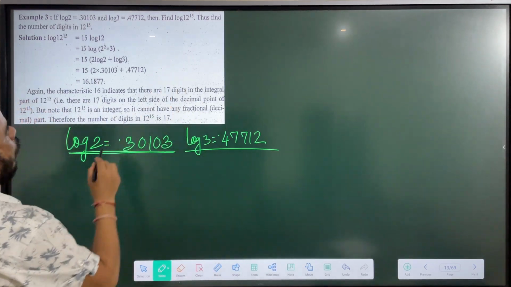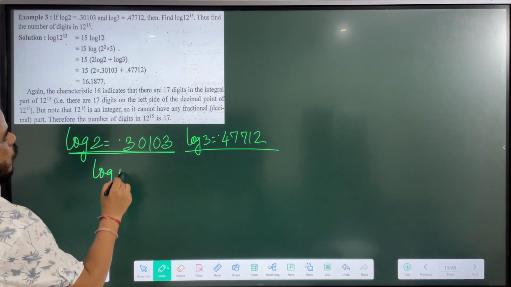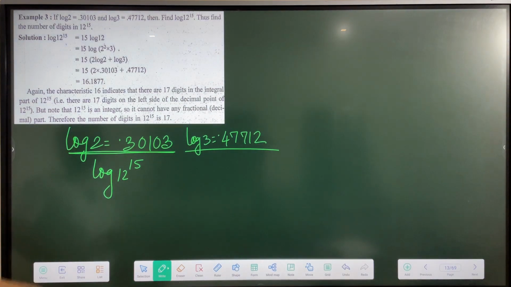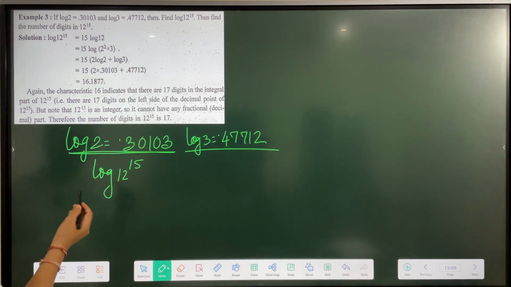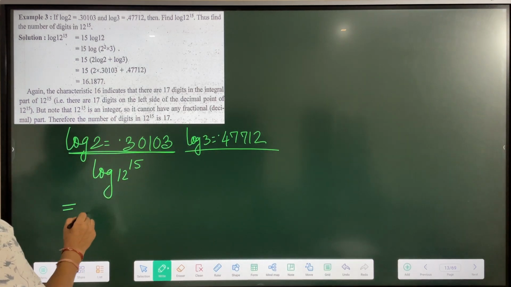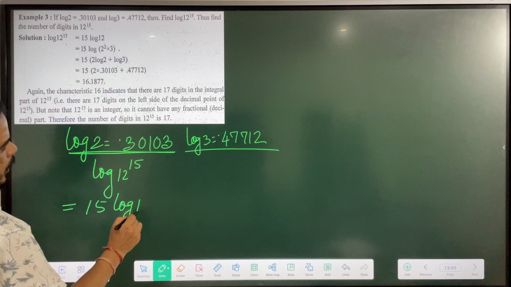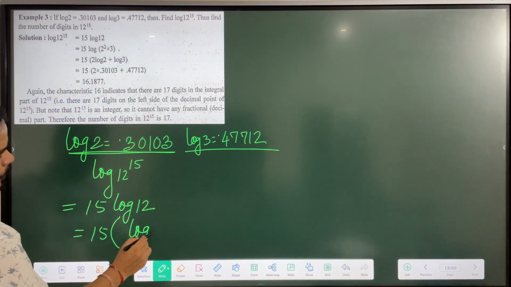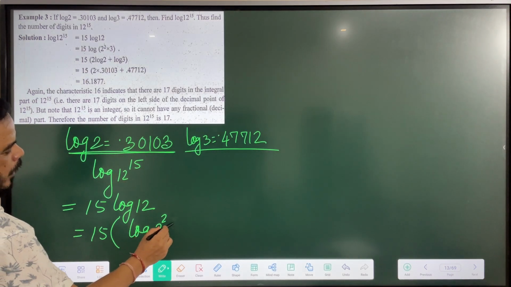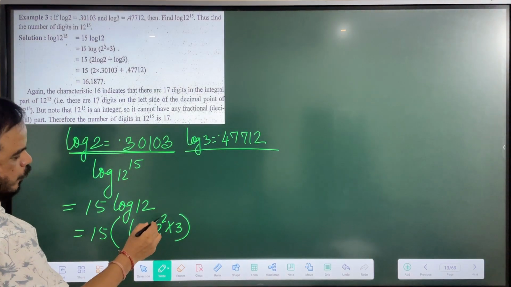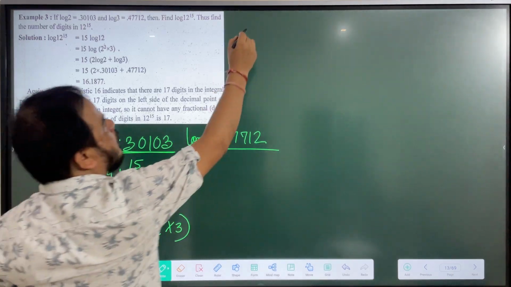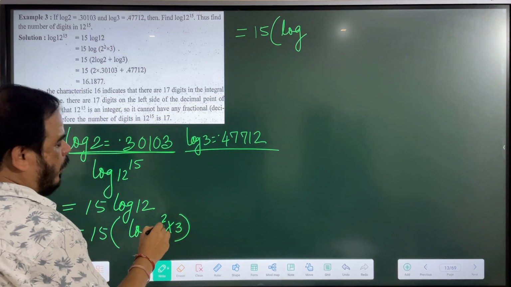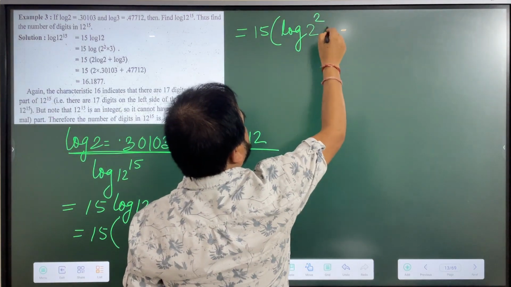Okay, then find log 12 to the power 15. So it is power, no? So 15 log 12. So 15 log 2 square into 3. 2 square is 4, 4 threes are 12. So what you will write now? 15 log 2 square plus log 3. Multiplication is there.